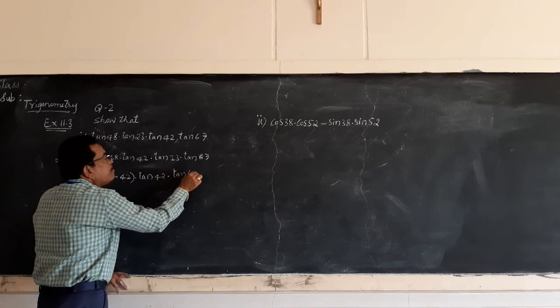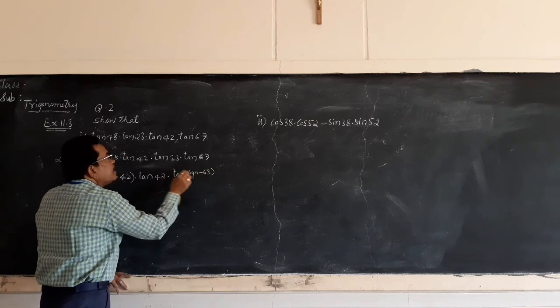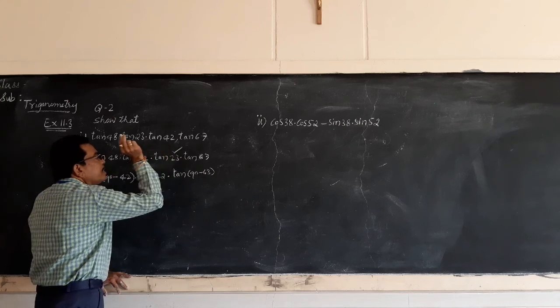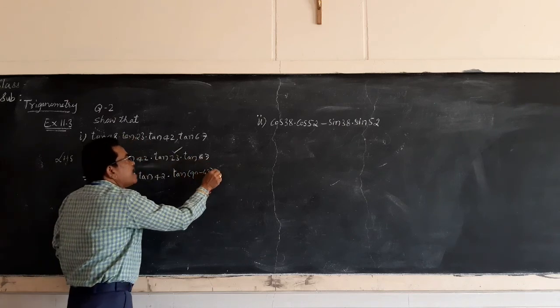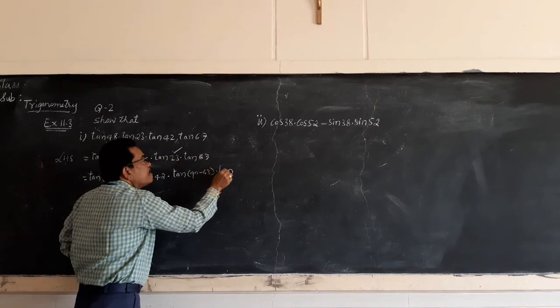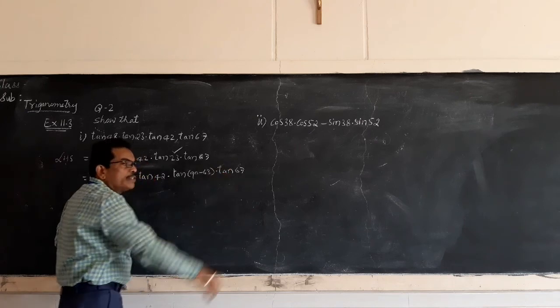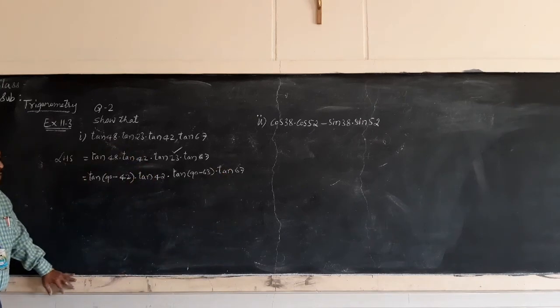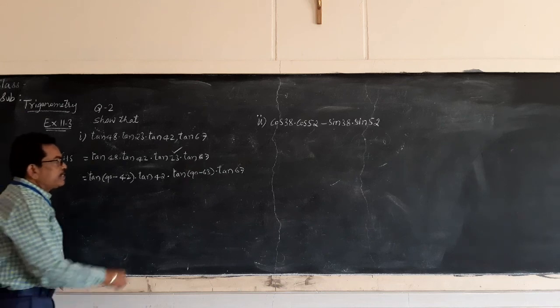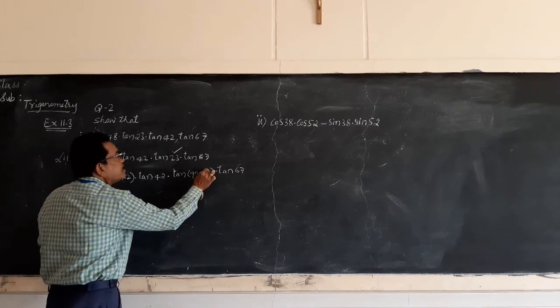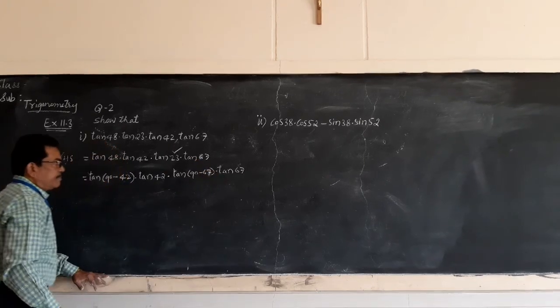Tan of 90 minus 67, 90 minus 67 is 23. Okay, keep this one as it is. Tan 67. Okay, tan 67, not 63, 67.